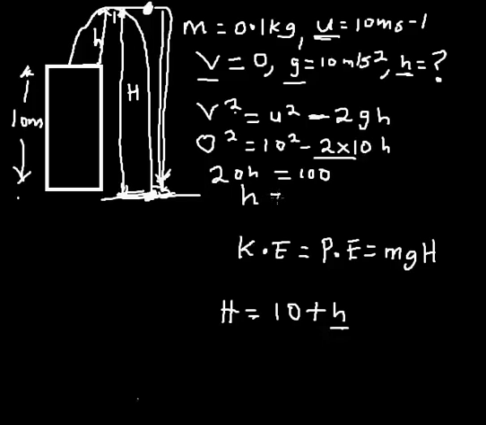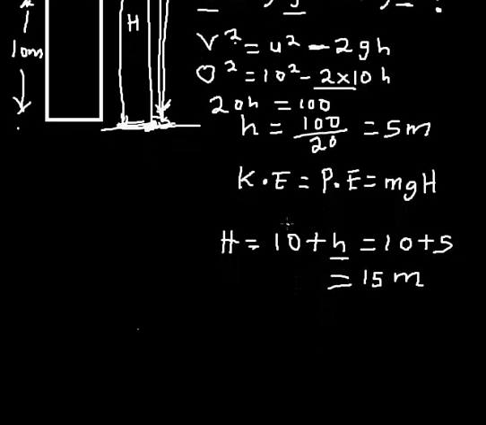So my h is going to be equal to 100 divided by 20, which is 5 meters. So the small letter h is 5 meters. That way, the total height, capital H, is going to be 10 plus the small h, which is 5 meters. So I'm having 15 meters.